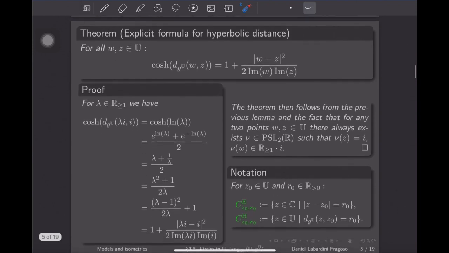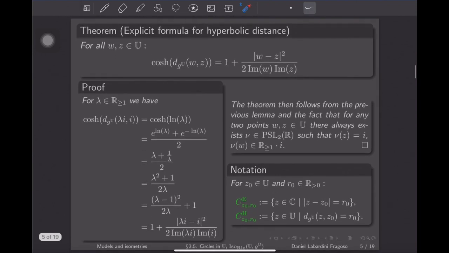That gives me a lot of freedom, because the idea is that I know that for any two given points there is one Mobius transformation placing them in the positive part of the imaginary axis, and so I'm going to do the computation there. And since my expression was invariant, that would allow me to go back.